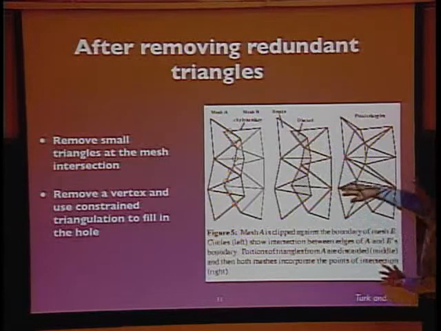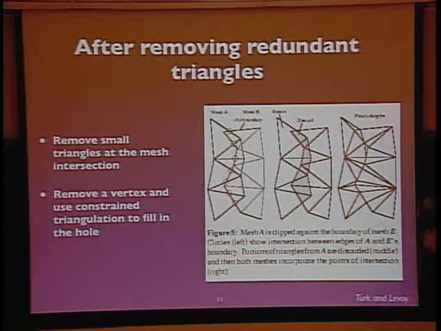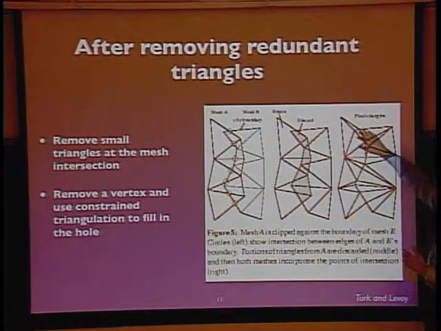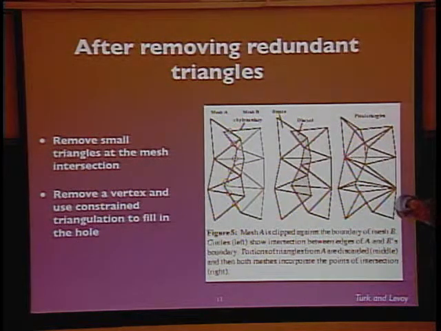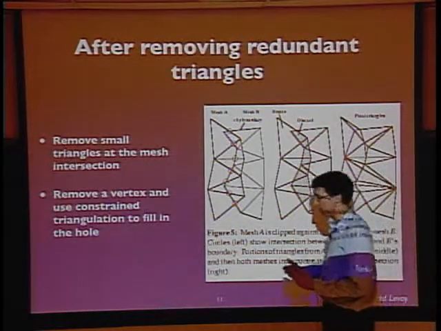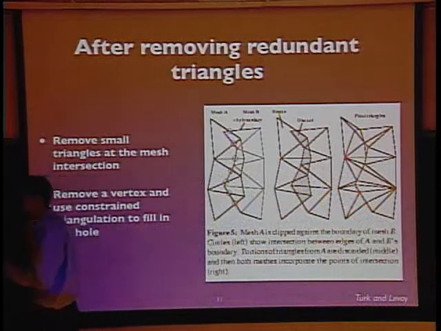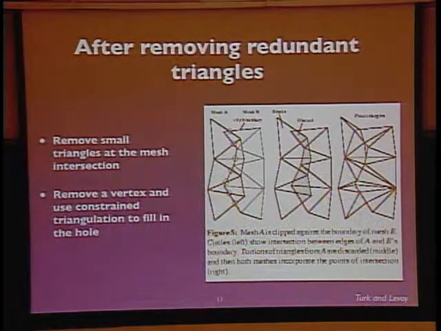If you remove those, then you have to use some method to triangulate the surface so that you end up with a unified representation where everything is a triangular face. And if you do, you'll end up with something that looks like so. You actually have to be kind of careful about how you sew the two surfaces together after you discard the redundant stuff, because you could end up with a set of teeny tiny little triangles which may or may not accurately represent the shape of the surface that underlies it.